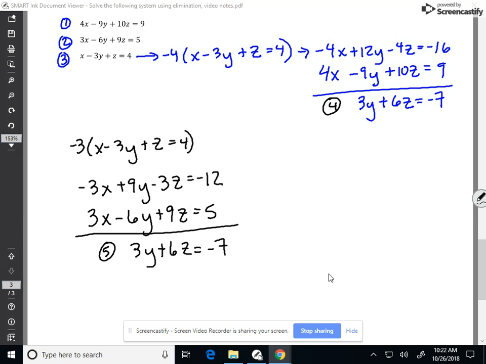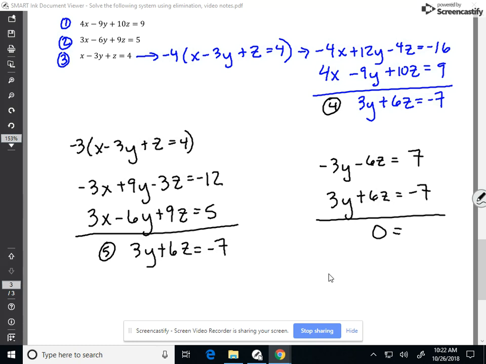So if I were to go through and multiply one by -1 and add it to the other one, everything cancels out, and I get this statement of 0 equals 0.